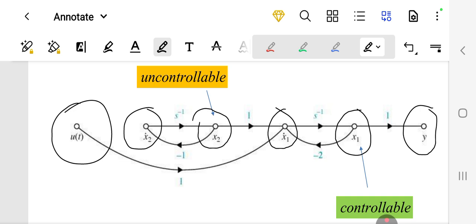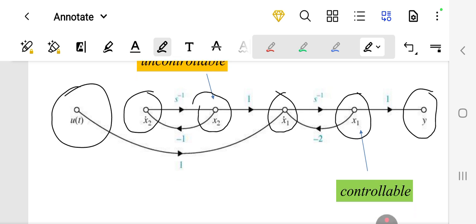If we follow the arrows, we will see that we don't have any direct connection between u and x2 dot. Then the states x2 and its derivative cannot be controlled, they are uncontrollable. But state x1 is a controllable state.